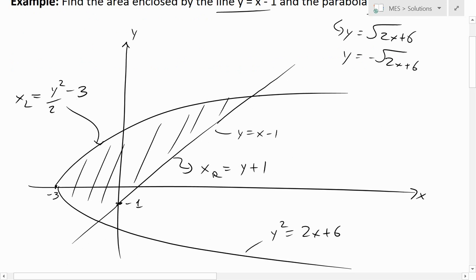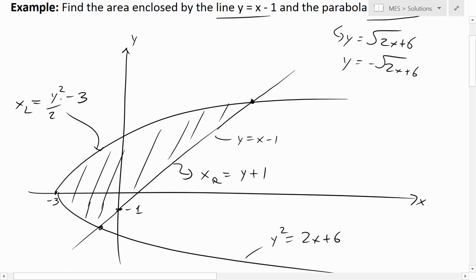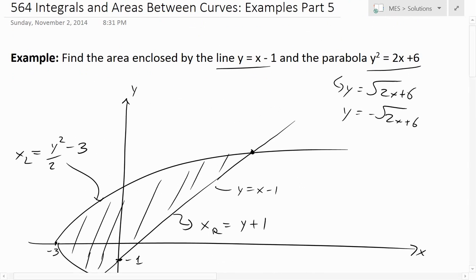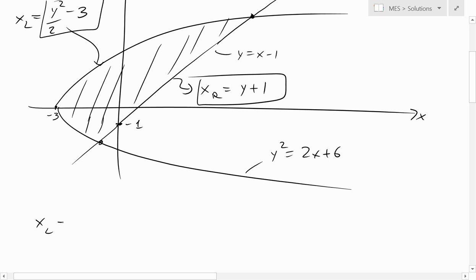So there's our functions. Now we have to find the intersection points to write inside our integral for the area between curves. To find these, we equate the two functions of y, just because it's already set up. So x_L equals x_R at these two points: y squared divided by 2 minus 3 is equal to y plus 1.